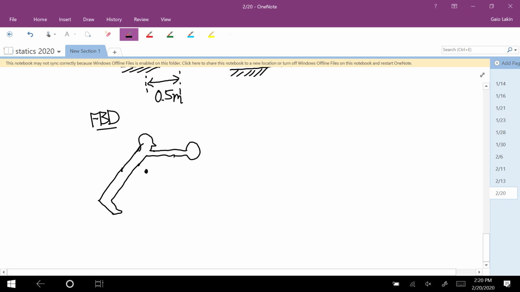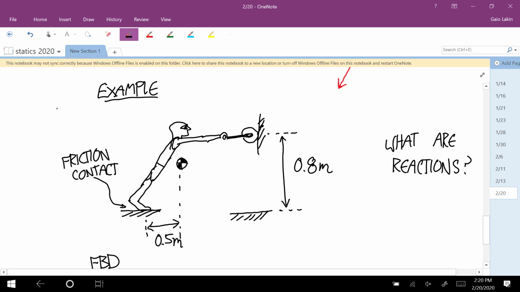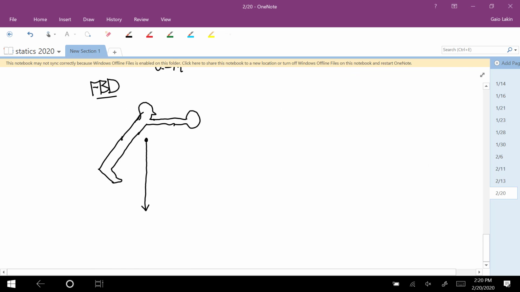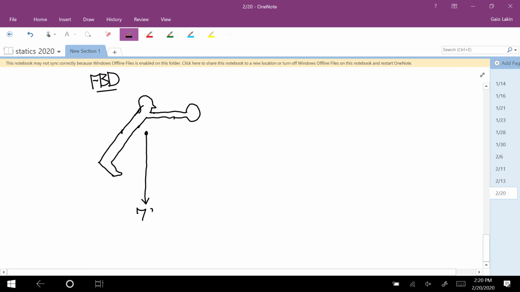The weight acts here. Did I give his weight? It's supposed to be a mass of 80 kilograms. So 80 times 9.81 is 784.8.